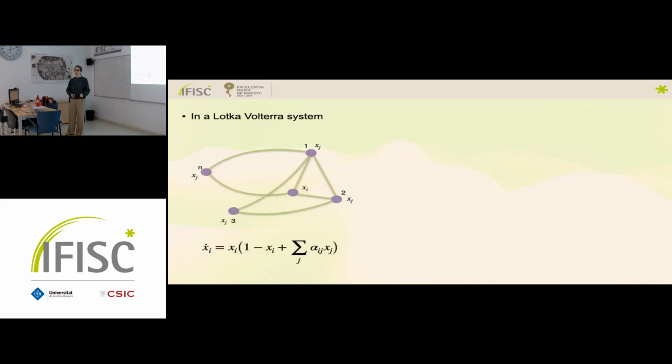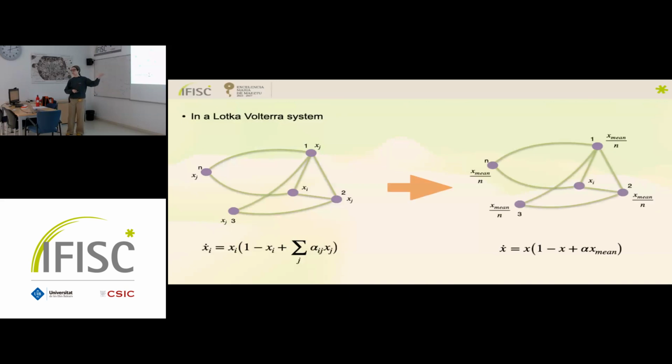The idea behind mean field theory applied to this system is that instead of studying the sum, we reduce it to an average quantity that represents the average interaction that the single species has with all the other species to which it is connected. These last equations are what we define as an effective single species problem.